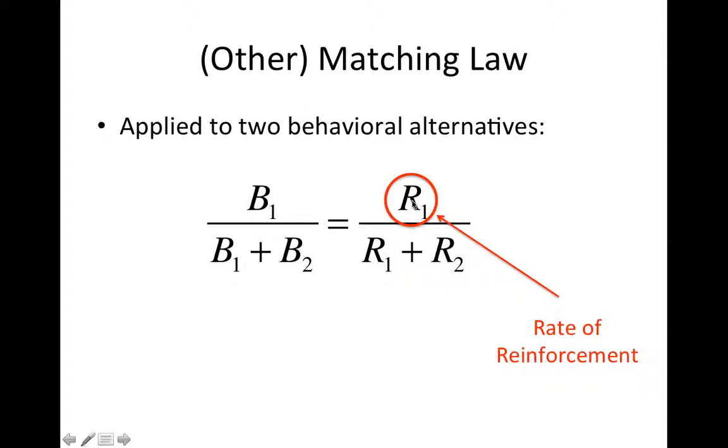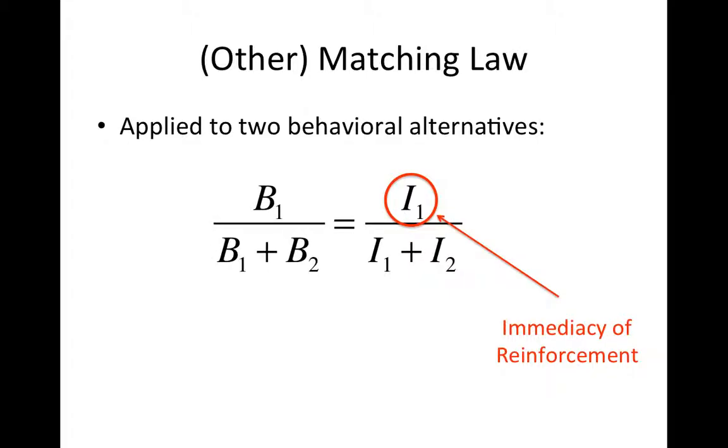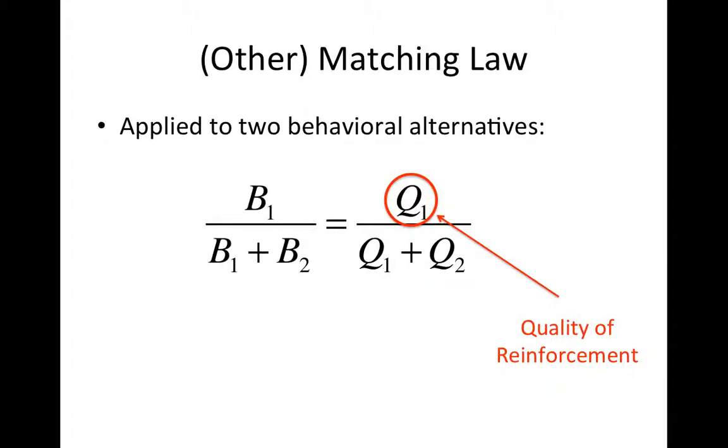That's one way to look at it. But research has also shown that we can look at behavior and its allocation in terms of amount, in terms of immediacy, and even, one group of researchers argued, in terms of quality.